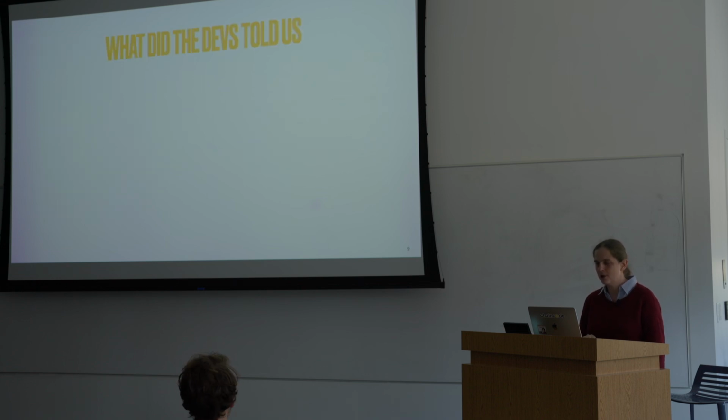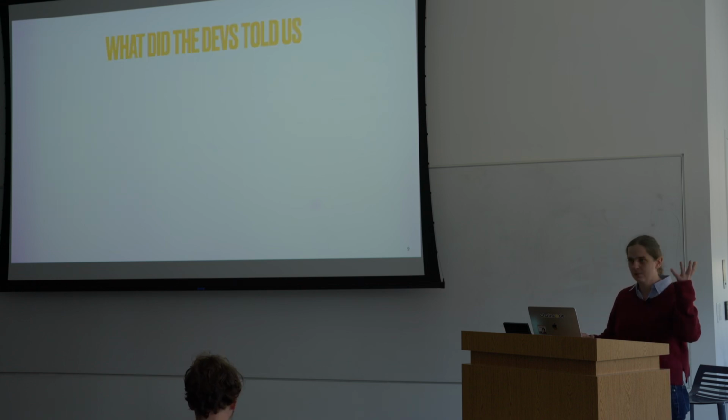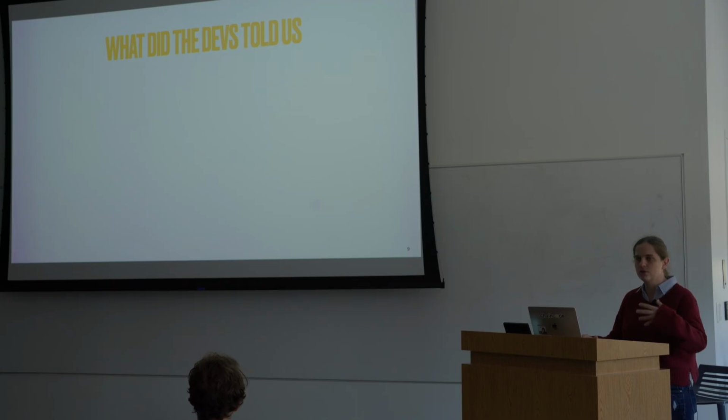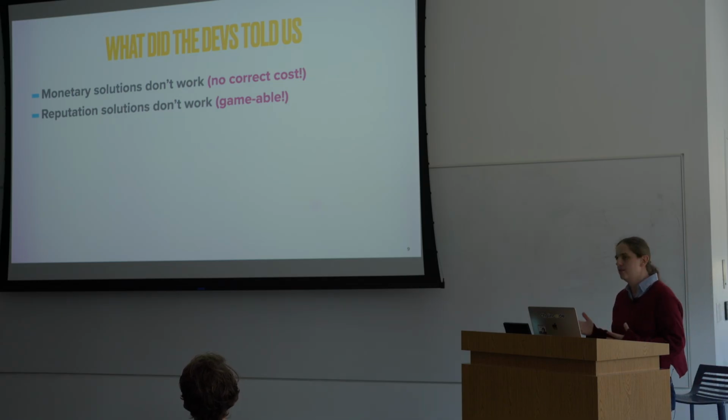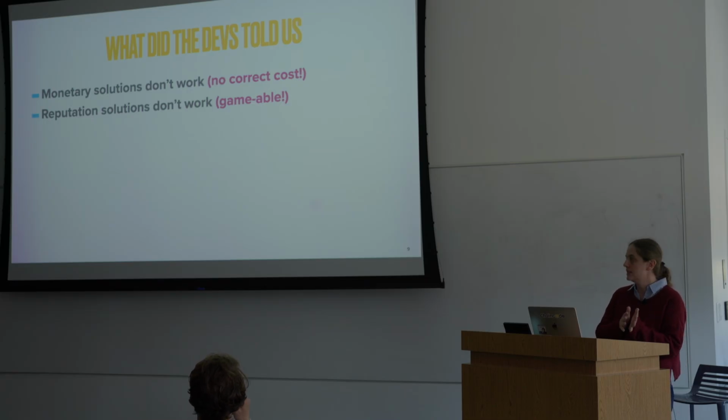Cool. So we understood the jamming attack. We came to writing the paper. We saw what the devs already thought about. So we mostly learned things that don't work. For example, monetary solutions just wouldn't work because the cost for an attacker is going to be either too low, and then regular users can still use this, but the cost of the attack is too low.